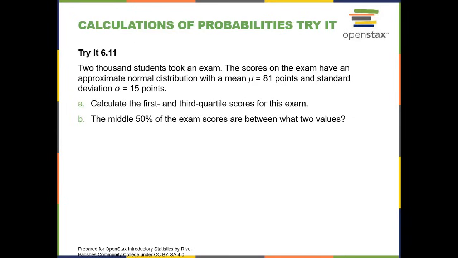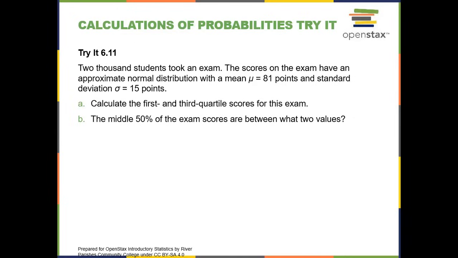How about the middle 50%? Middle 50% means the center is 50%. So the remaining two tails hold another 50%. Why? Because the total area under the curve is 100%. Now area in the left tail is 0.25, and we already found the value of x below which 25% of the scores fall, and that is 70.88.